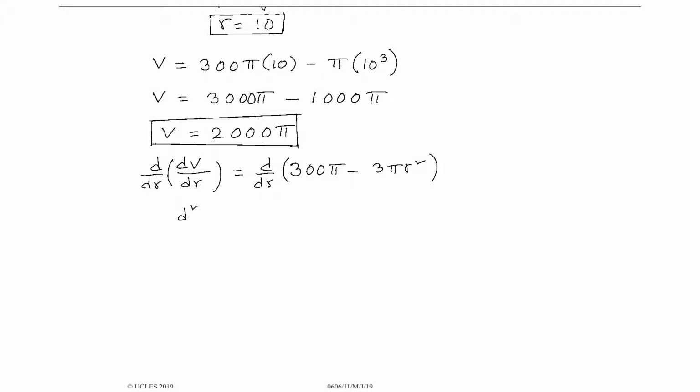So in the next line we can write d squared V divided by dr squared is equal to 0 minus 6 pi r. Now it will be negative regardless of any value of r, as the radius obviously will be positive.